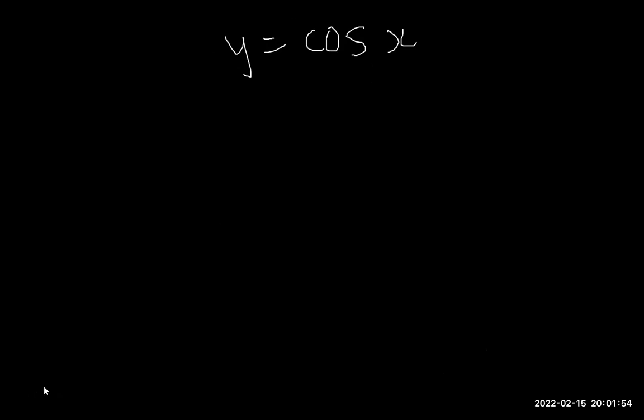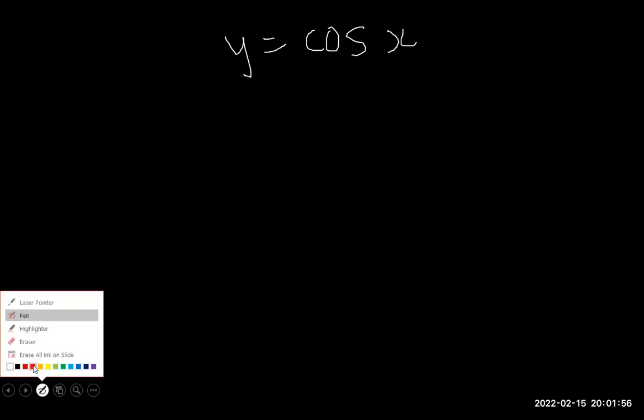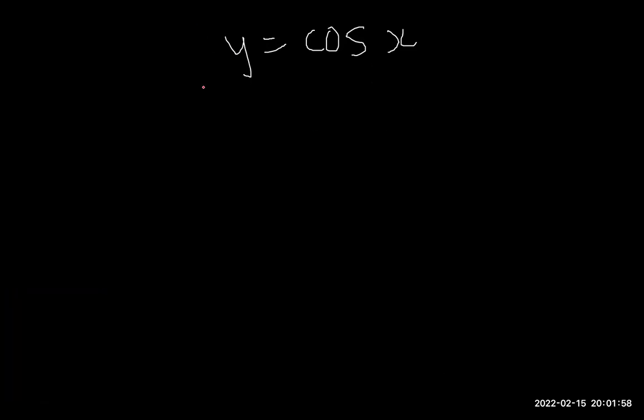So if I want to find the area for this, remember x is still the 4 pi on 9 and 0, right? So using my same formula, the integral from a to b of f of x dx, f of x, which is the equation of the curve, in this case is cos x.